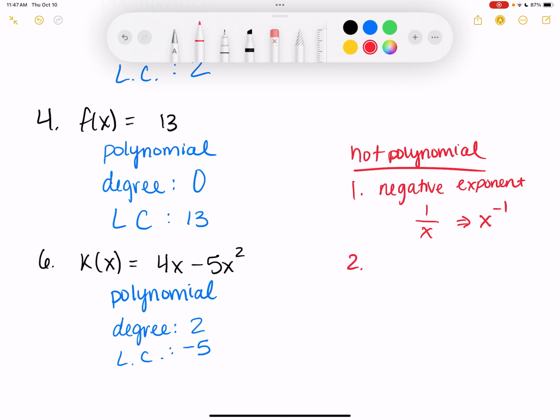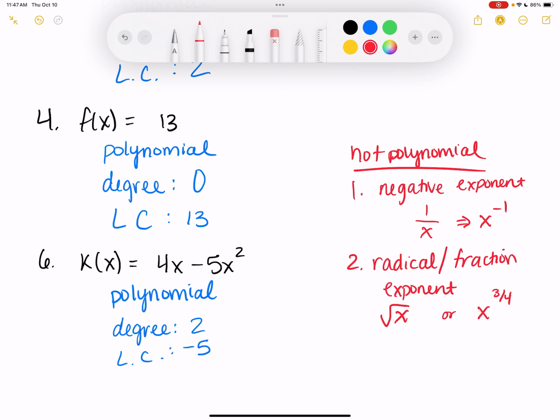The other situation where it's not polynomial is if it's a radical or a fraction exponent, like square root of x or x to the 3/4. Those things would not be polynomial.